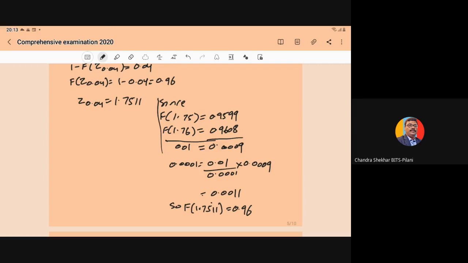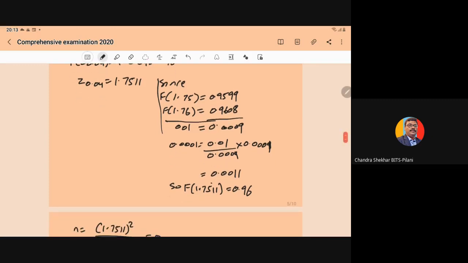So for the difference of 0.0001, it will be 0.01 divided by 0.0009 into 0.0001. So it is equal to 0.0011. So the CDF at 1.7511 will be 0.96.